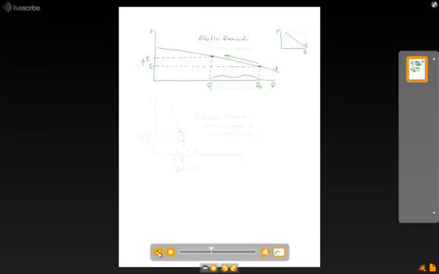And from now on, when you see the word elastic, you want to be thinking there is a strong response to a change in price. So if price goes up, quantity demanded is going to go down by a very large amount. If price goes down, quantity demanded is going to increase by a very large amount.